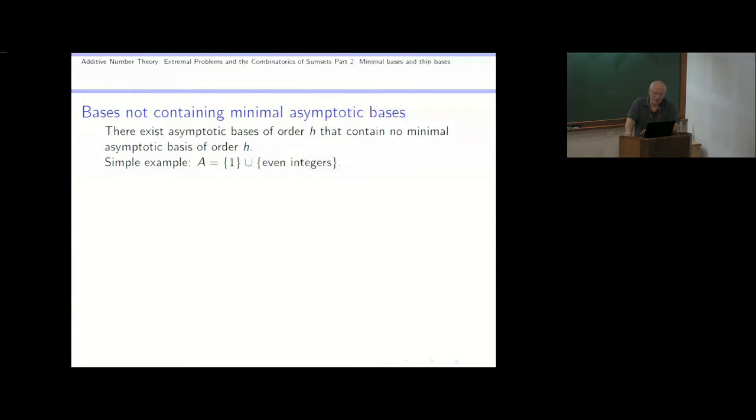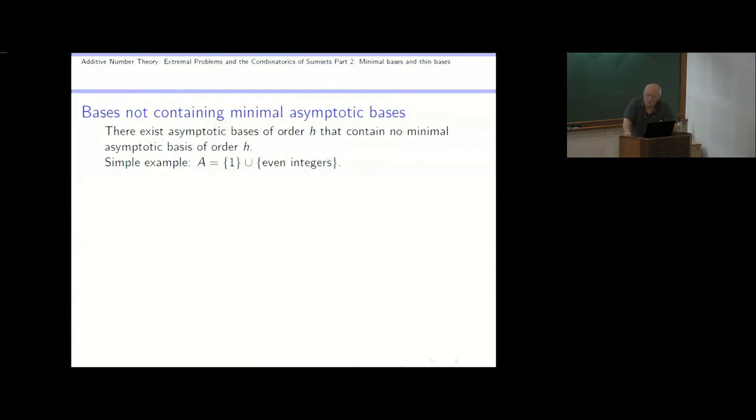And why is that? Well, if you delete the number 1, you just have even numbers, so you can't get any odd numbers. It's not a basis at all, so you couldn't get rid of the number 1. If you delete the number 6, you'll no longer get the number 7 in the sum set. If you delete the number 50, you won't be able to get 51 in the sum set. You can delete any finite set of even integers.